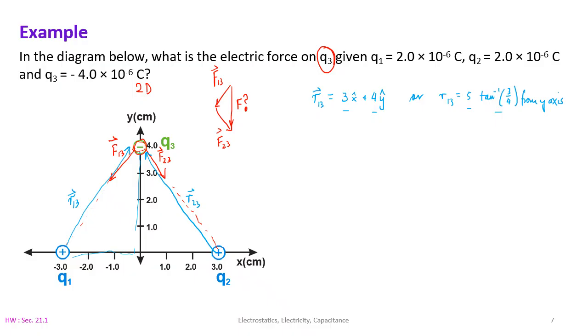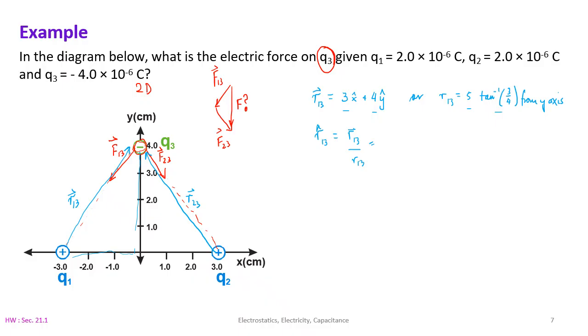The one last thing we need to do with the position vector is work out the unit vector in that direction. So that's going to be this position vector divided by the magnitude, right?